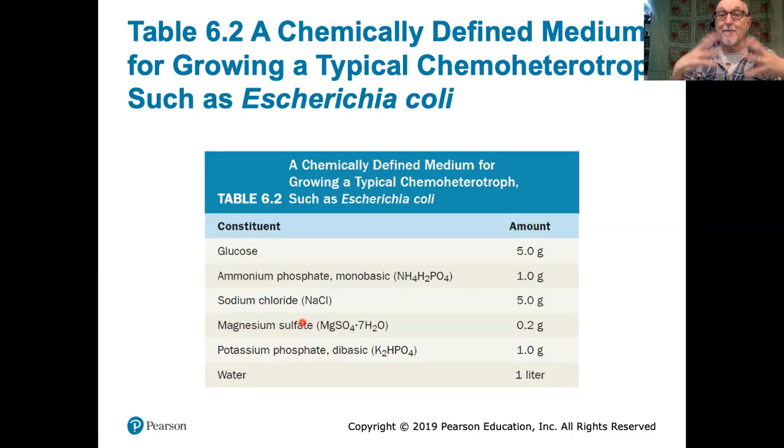Bacteria very often are extremely good at working like that. They are completely independent of rich nutrient sources if they are not present. So that's a defined medium. By the way, E. coli grows well on a defined medium. E. coli grows equally well on a complex medium, and that is how we usually grow it. So this is a chemically defined medium.